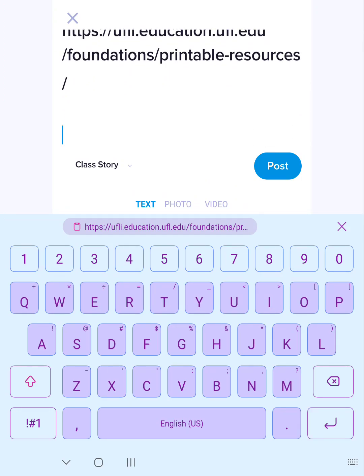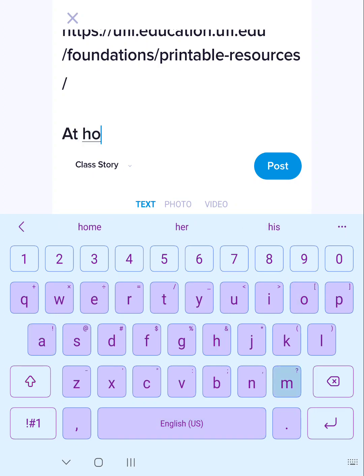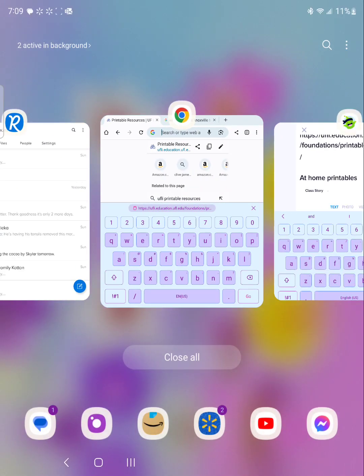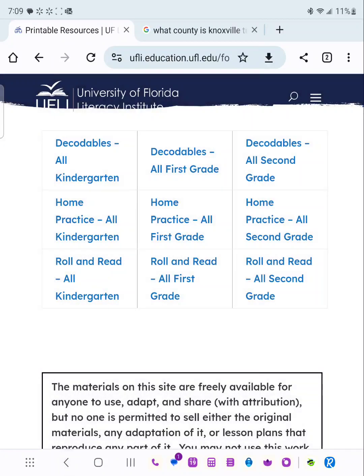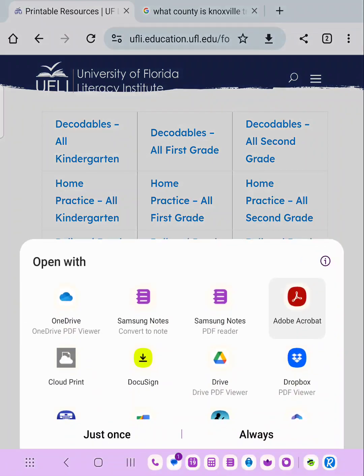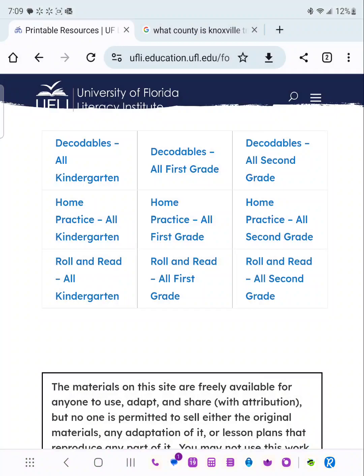Going down here, and this will be the at-home printables. This is your half-sheet study pages that I always send. The at-home practice.